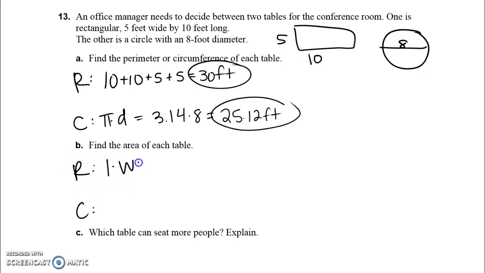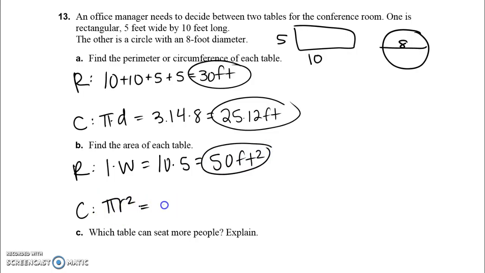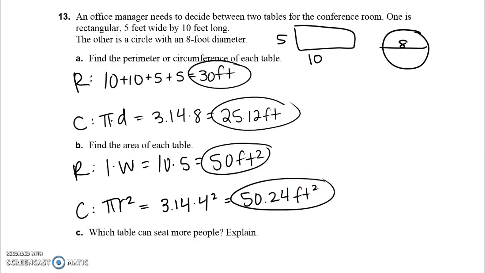Area of the rectangle is length times width, which is 10 times 5, which is 50 feet squared. Area of my circle is pi r squared. Diameter is 8, makes the radius 4. 3.14 times 4 squared is 50.24 feet squared.